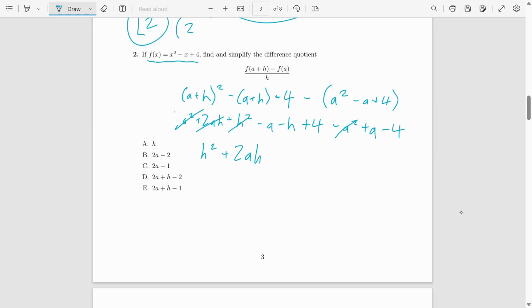Looks like we do a minus a and then a plus a, so we can cross those out. We do a minus h, and then a plus 4 and a minus 4, so that doesn't do anything. So it's h squared plus 2ah minus h. Remember, we're still dividing everything by h from that. And that works out really nice because every term has an h in it, so that becomes h plus 2a minus 1. And that is E. There you go.